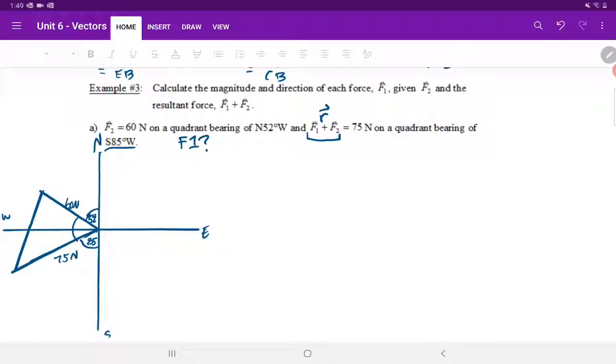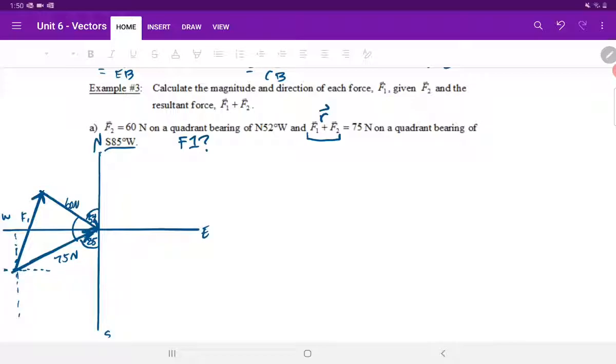So F1 comes first, and we're going to find F1. This is going in this direction here. F1 comes first, then F2, and then our sum goes in this direction here.